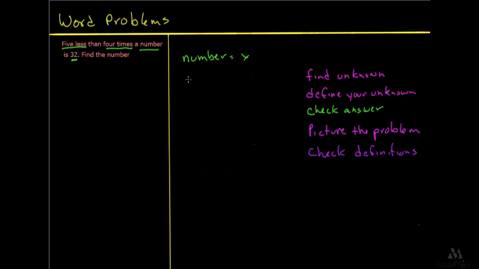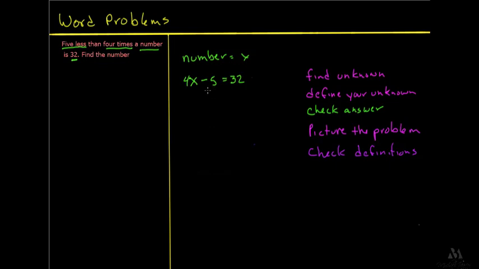So we've got x, I'll say 4x. There's our 4 times a number, right? And we're going to subtract 5. So there is 5 less than 4 times the number. And we're going to equal 32.